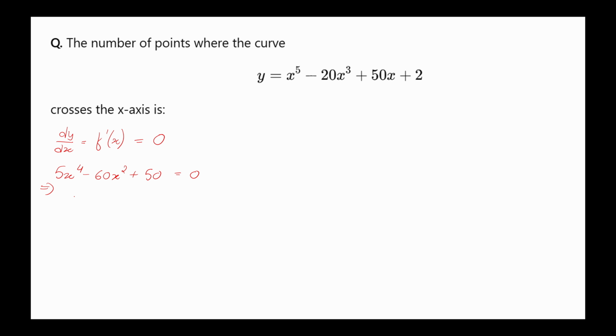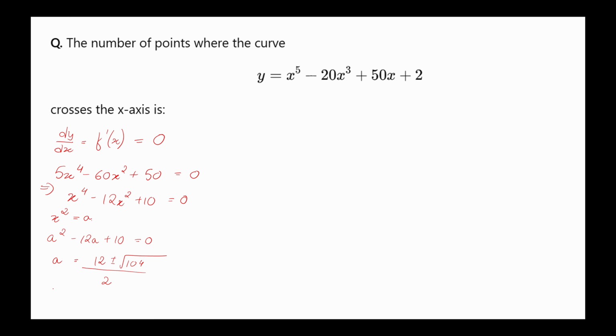From here I can take 5 common. This would become x to the power 4 minus 12x square plus 10 is equal to 0. If I consider, let's say, x square to be a for the time being, this would become a square minus 12a plus 10 is equal to 0. So from here, what is the value of a that I'm getting? Minus b plus minus root under b square minus 4ac, 144 minus 40 is 104, divided by 2a.